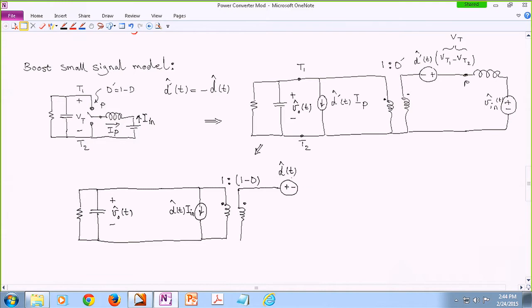So there's a negative sign there. I just flip the polarity of my dependent source over here. And VT1 minus VT2 is nothing but the DC value of the output voltage. And the rest is the same.